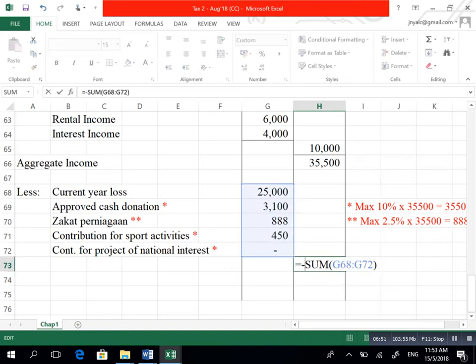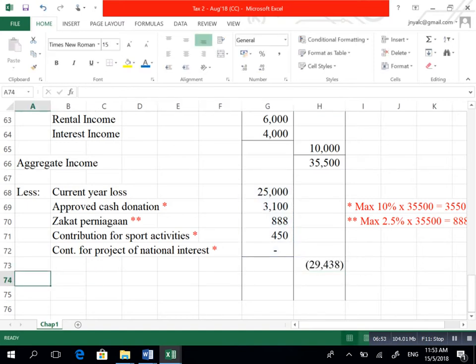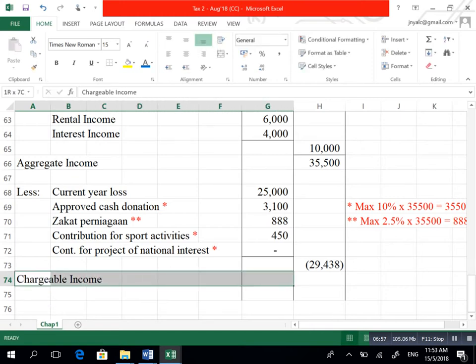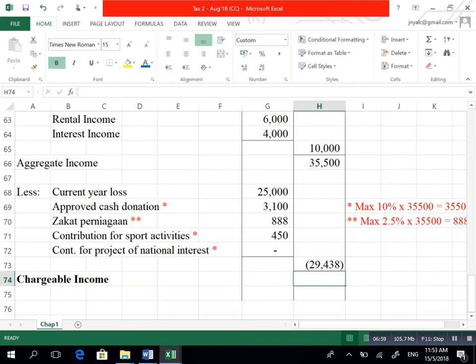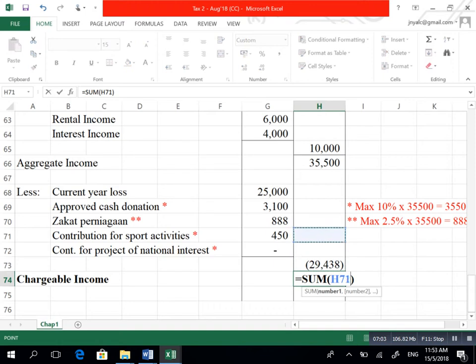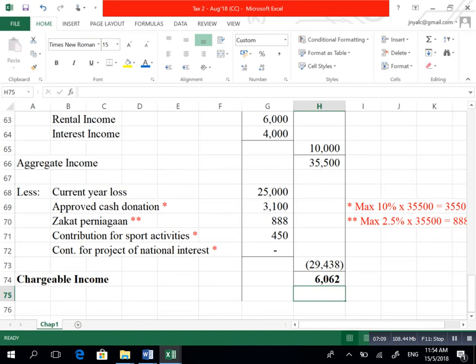After minus this total deduction, your chargeable income answer is 6,062. And that's all. This is about some introduction of the chapter.